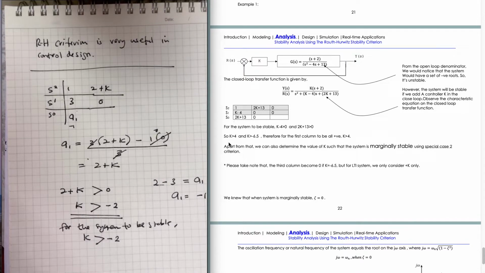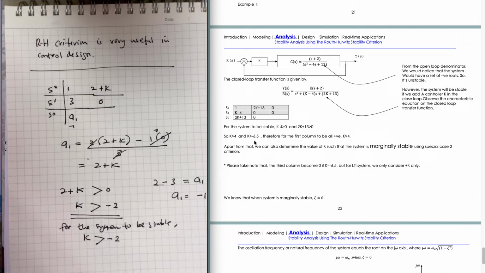So in this case, k is greater than 4, then k greater than minus 0.5. For the first column to be all positive, k has to be greater than 4, because this one at the same time fulfills this criterion.